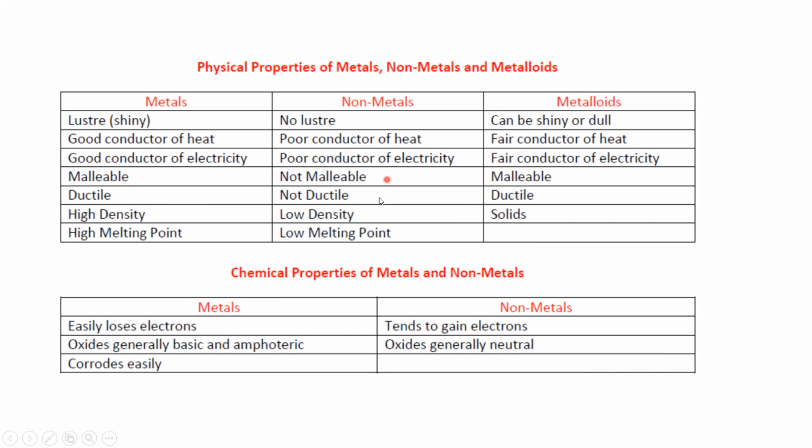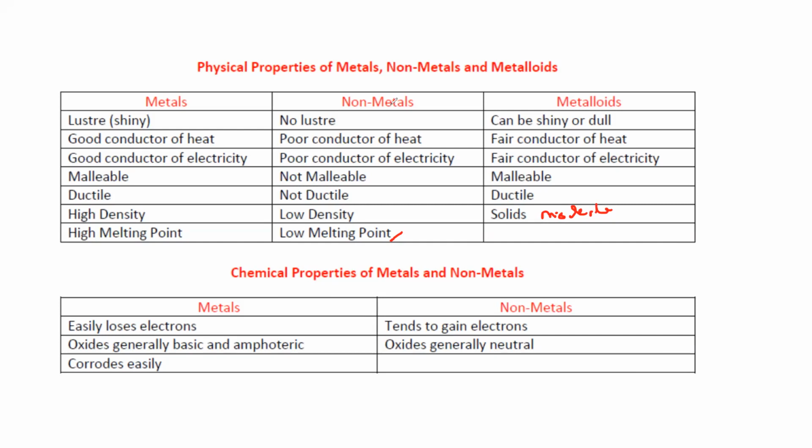Metals have high density, non-metals have low density, and metalloids are usually solid, so they have moderate density. Metals have a high melting point, non-metals a low melting point, and for metalloids it depends, because some have a high melting point and some have a low melting point. So there is no fixed value, that's why it is not written here.